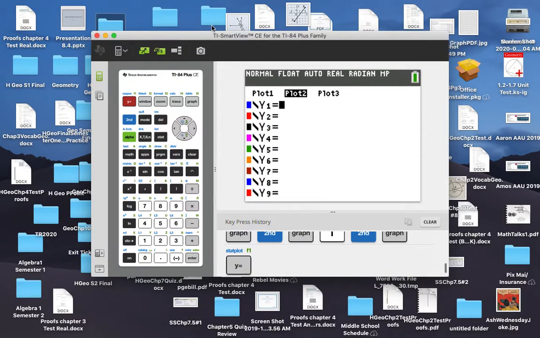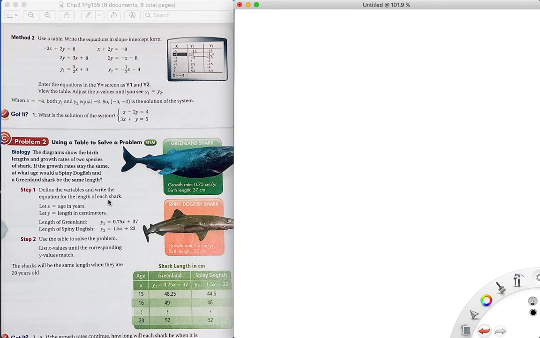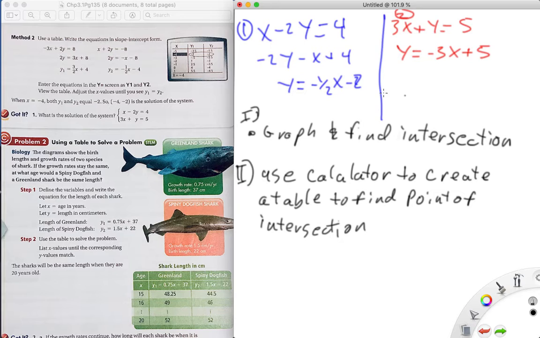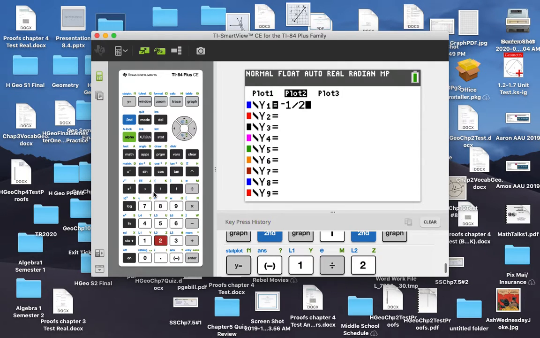So if you have a graphing calculator, it's going to look like this. Going back, it's -1/2 x minus 2, so I'll go in right here and hit -1/2 x minus 2.